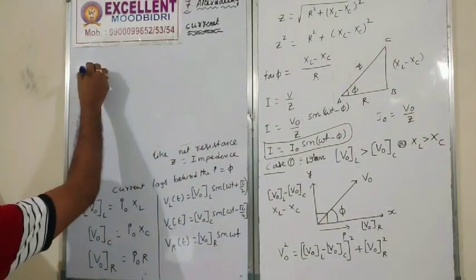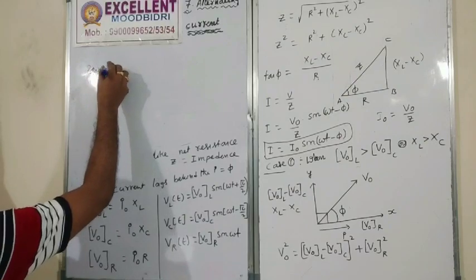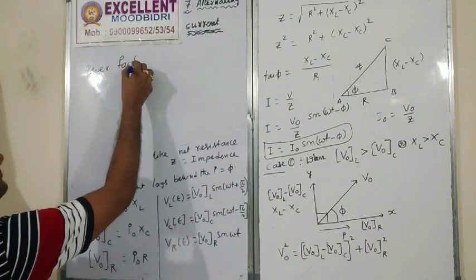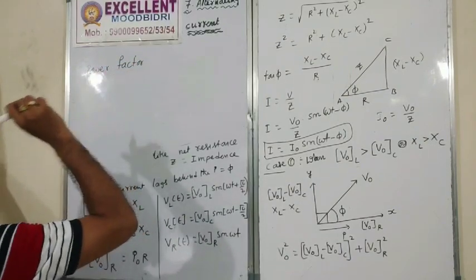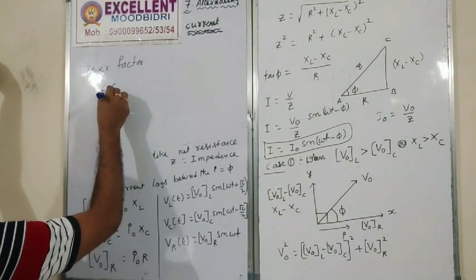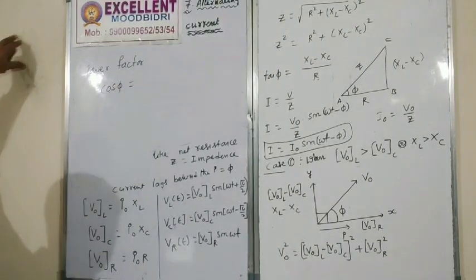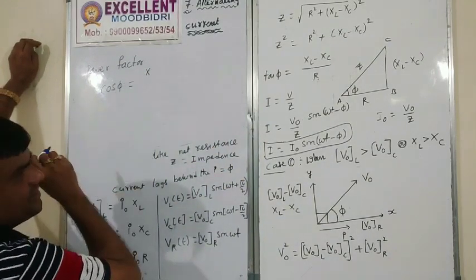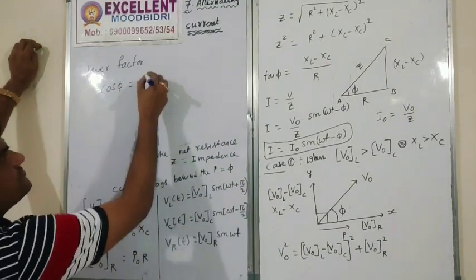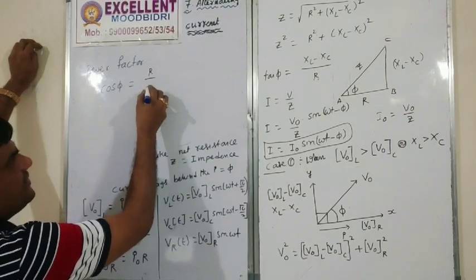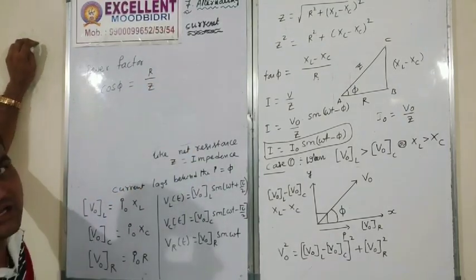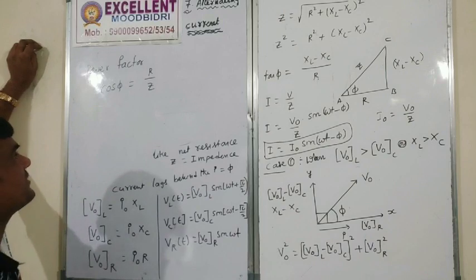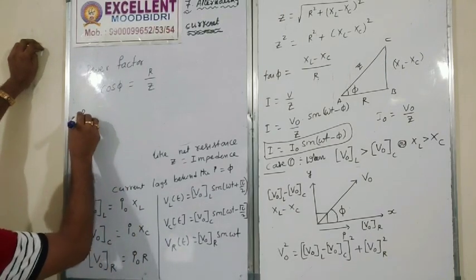So now power factor: cos phi. Cos phi is equal to adjacent side, R by Z. Correct? That is the power factor.